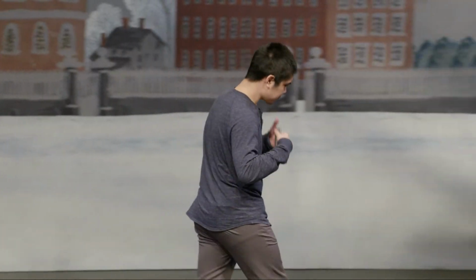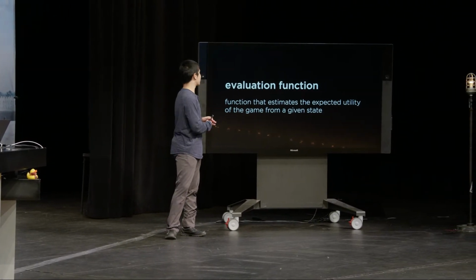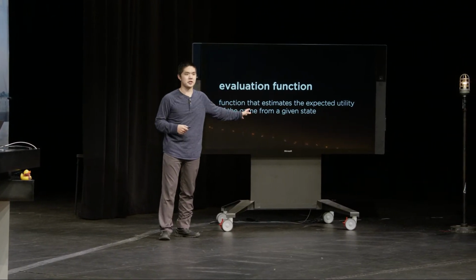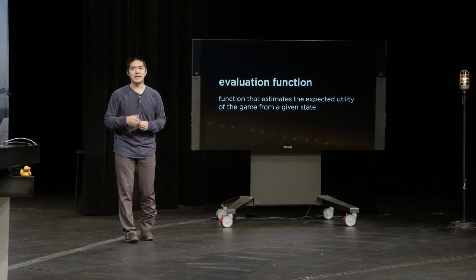Even if we're not going to calculate it all the way, you can make some judgment by counting up how many pieces of what value each side has, and you might come up with other strategies for different games. But this is where we need to start being even more intelligent, thinking about how we can come up with a good evaluation function that's able to take a complex game and estimate who's likely to win. So that then is Minimax, an example of an algorithm that can be used to play games.